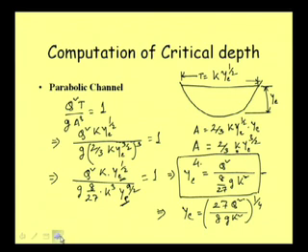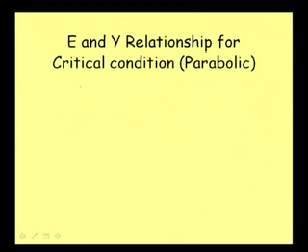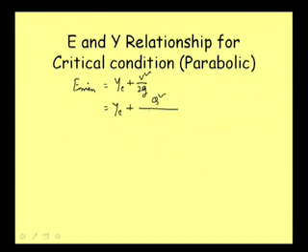Okay. Now, let me go to the next slide and see how we can express yc in terms of minimum specific energy. Well, again minimum specific energy, E minimum is equal to yc plus v square by twice g. So, yc plus v square is nothing but q square by a square and twice g.